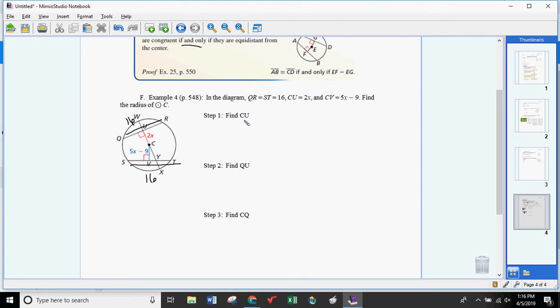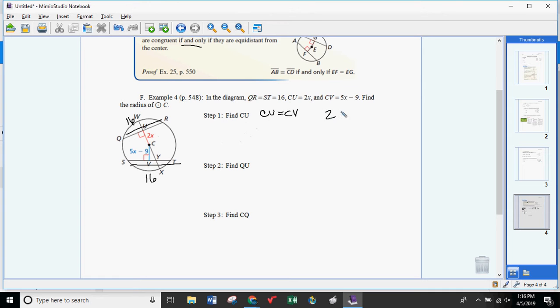Okay, so the first step is to find CU. And we know that CU equals CV because of this theorem over here. These two are congruent, and this is an if and only if, so it's biconditional. I can go backwards. Since these two segments are congruent, these two line segments must have equal measure.